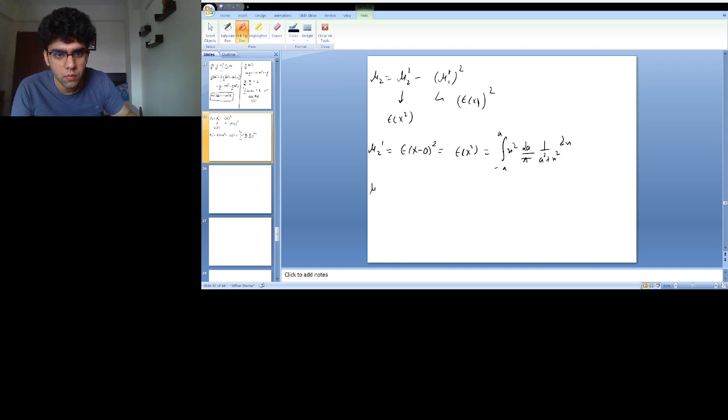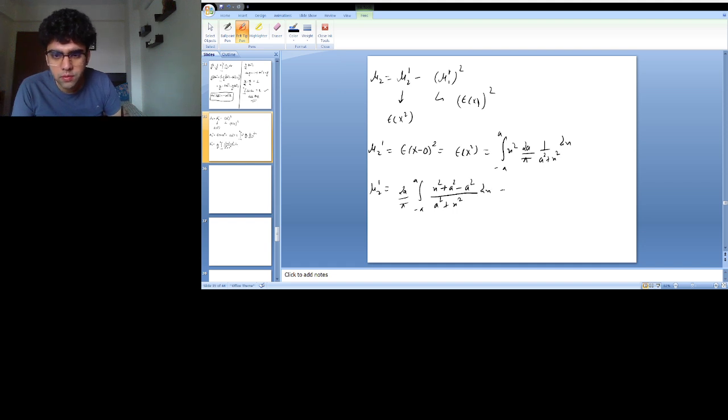So mu 2 dash becomes 2a upon pi, integral from minus a to a. Now what I can do is I'll add a square and subtract a square in the numerator, and my denominator is just the same.